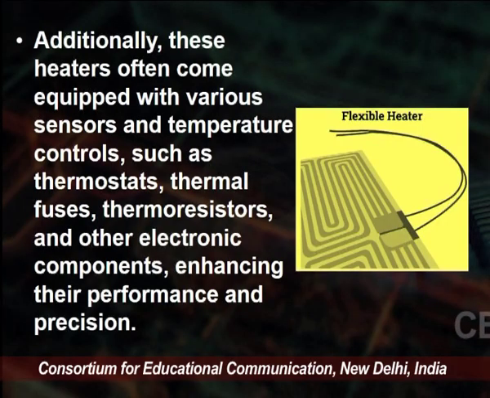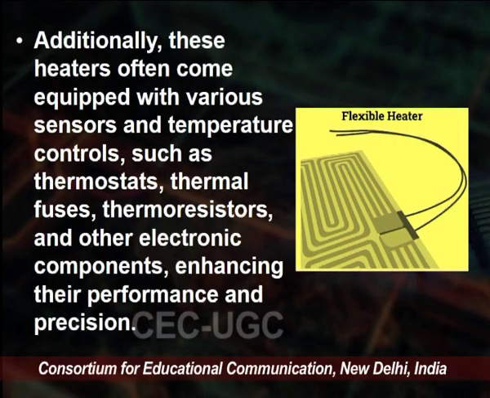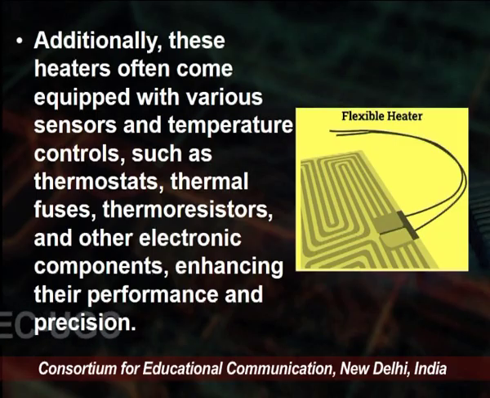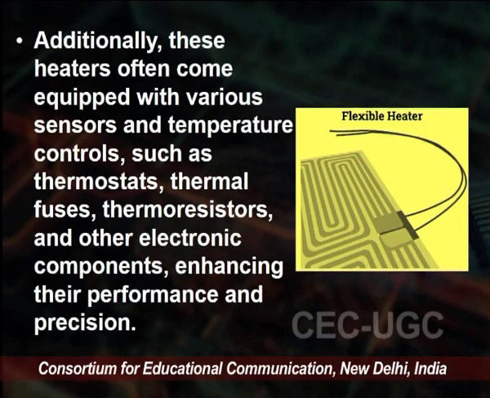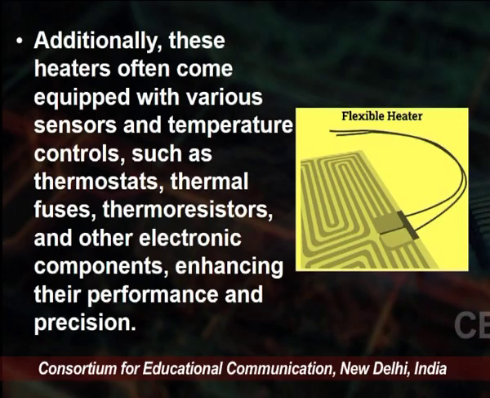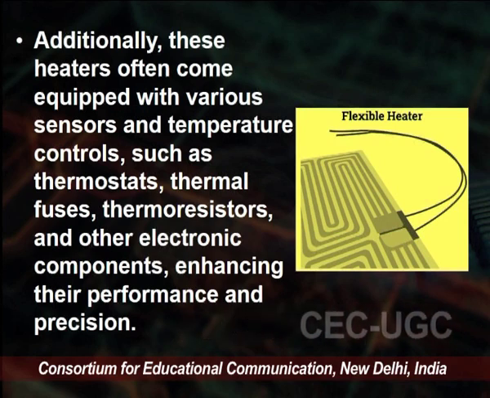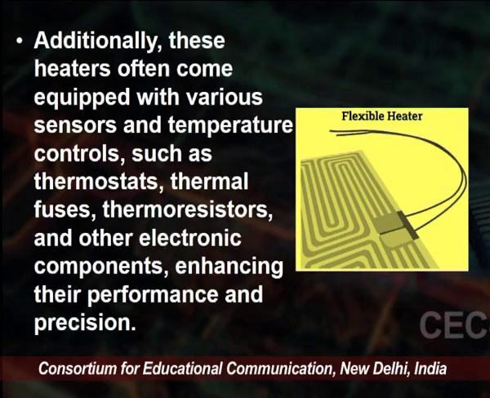So you see on the screen, this is the flexible heater, and additionally these heaters often come equipped with various sensors and temperature controllers, such as thermostats, thermal fuses, thermistors, thermoresistors and other electronic components which enhance their performance and precision. So thermostats, thermal fuses and thermoresistors are used in this type of flexible heater.